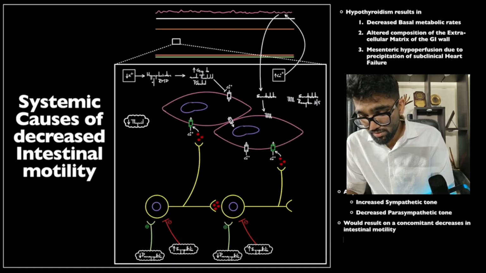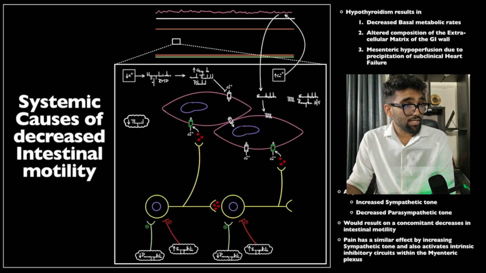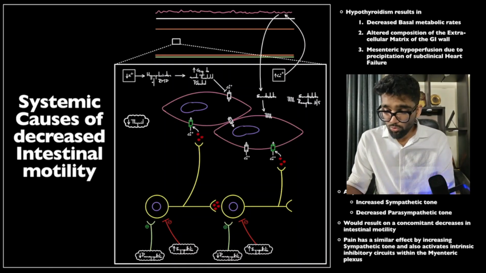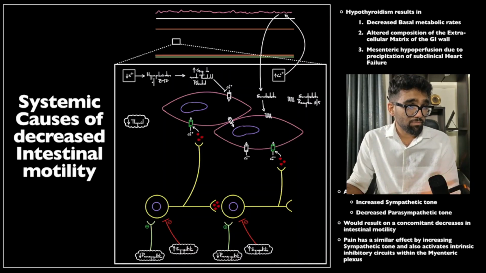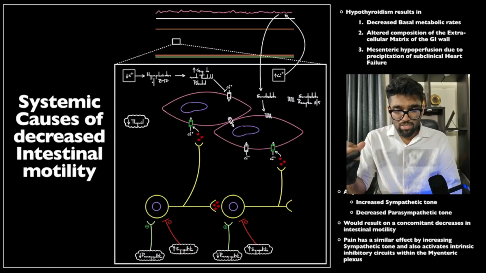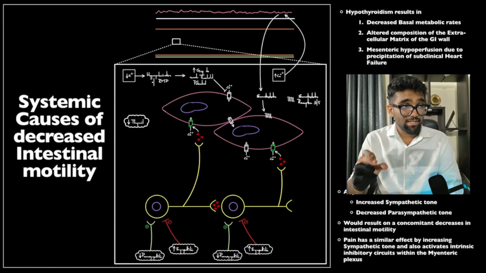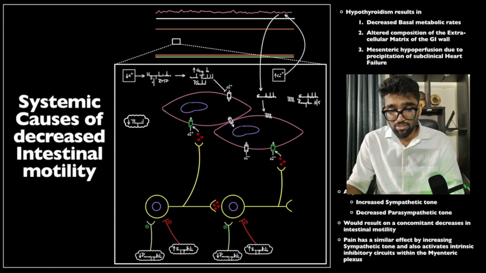So these conditions obviously naturally will result in decreased motility. Now, pain in turn causes a similar effect by increasing sympathetic tone, but it also activates intrinsic inhibitory reflexes, which are the reflex circuits within the mesenteric plexus, and this is one of the reasons why, in addition to causing wall thickening, pancreatitis can cause intestinal pseudo obstruction temporarily.